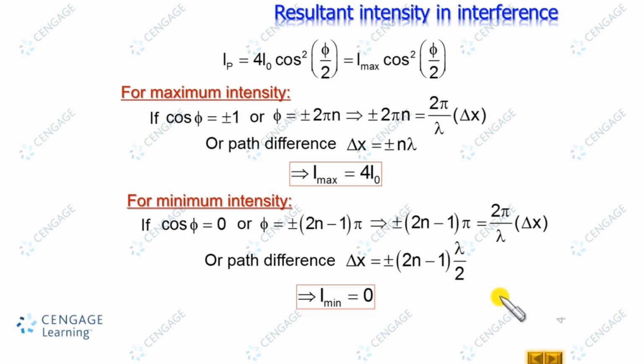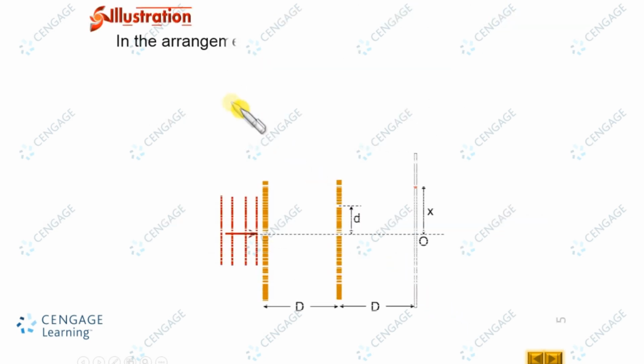So after revising the theoretical part, now let us move to the application part. For the application part, we are going to take a few selected illustrations. So let us move to illustration number 1. In illustration number 1, it is given, in the arrangement shown in the figure, capital D is much greater than small d. You can observe here in this diagram a plane wavefront incident on a screen, and this screen has a small opening, that is called a slit, at the middle.